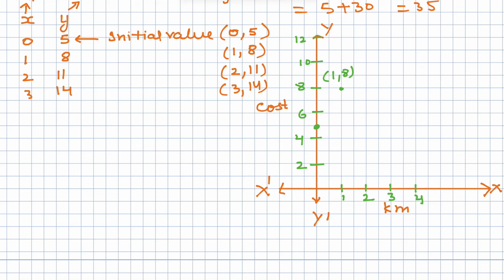And then it's 2 and 11. So that means 2 till here and 11 will be here, right? So let's mark 2 and 11. Here it is, 2 and 11. 3 points are enough.